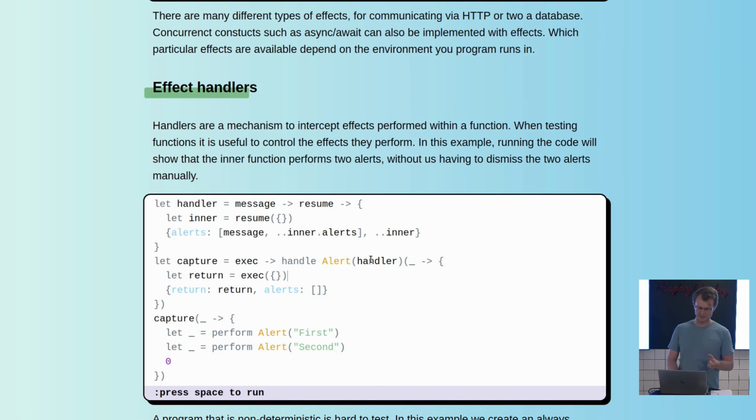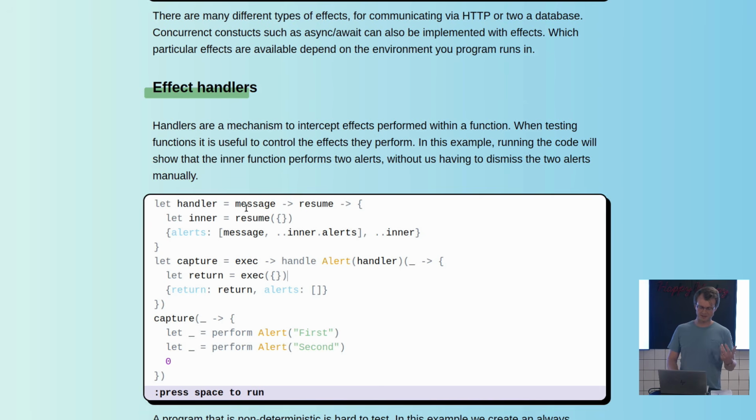What you pass in is a handler, and then the function that you want to run. When you handle an effect, the handler is given the message you raised, the thing that was lifted, the thing that was thrown, is the best way to think of it, and then a function to go back where you were.